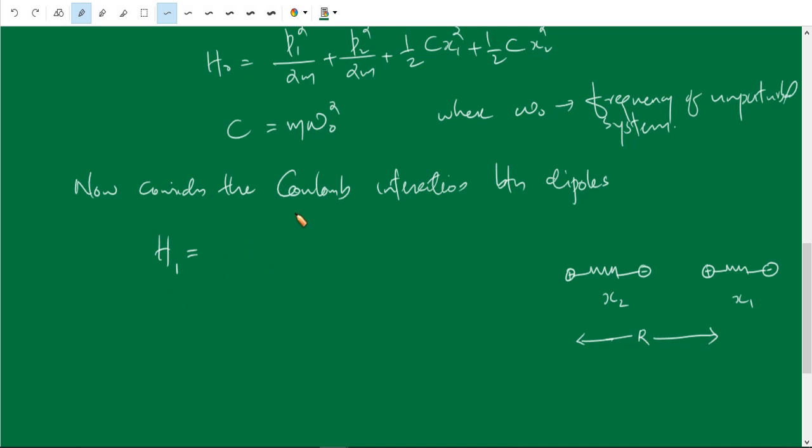So H1 is the interaction potential between these individual charges. These are the two induced dipoles. Now the interaction potential energy H1 is equal to 1 by 4 pi epsilon 0. Let us consider that the atoms have plus e and minus e charges, with e square.